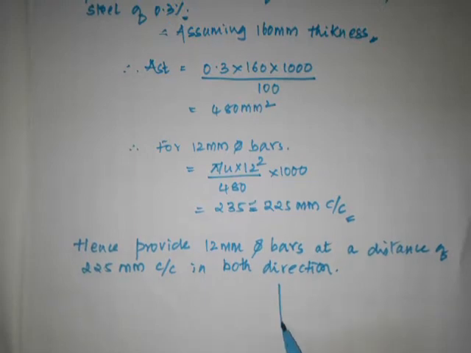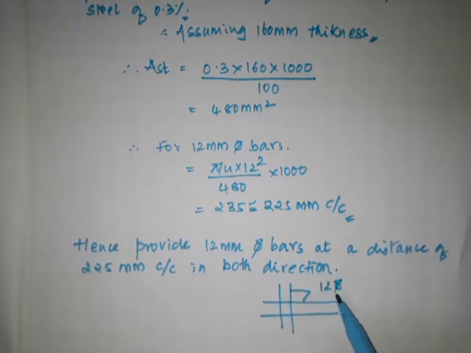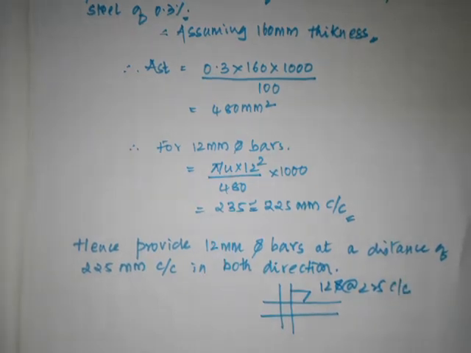So the reinforcement will be like this and also like this. So in both directions you have to provide the steel. It will be 12 dia at 225 center to center.